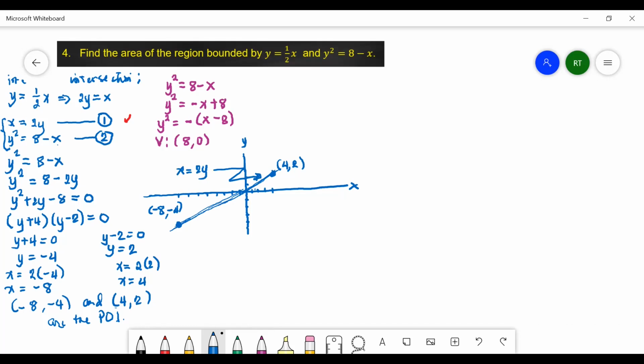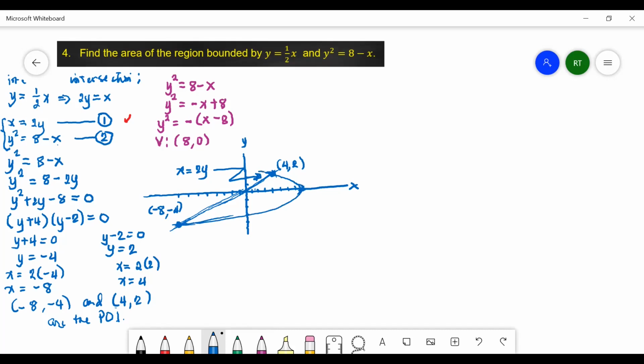And the parabola is a parabola opening to the left with vertex at (8, 0). This is 4, 5, 6, 7, 8. This is where the vertex is. And the parabola opens to the left, and it will intersect the line x is equal to 2y at the two points of intersection.